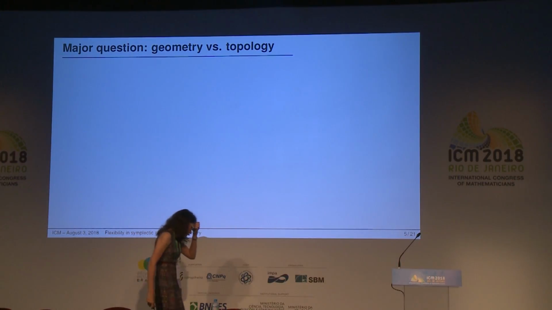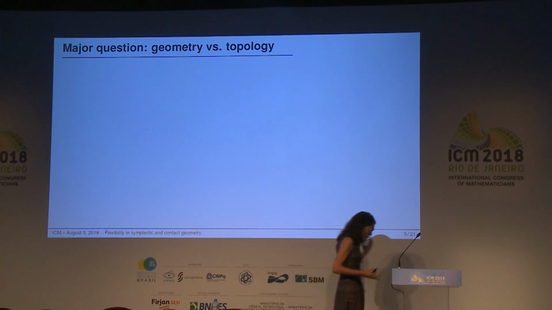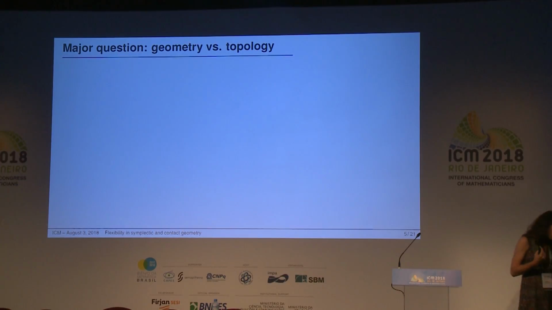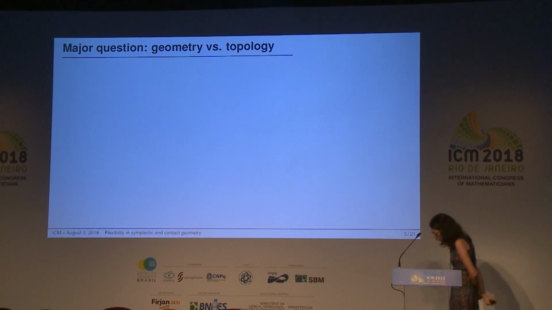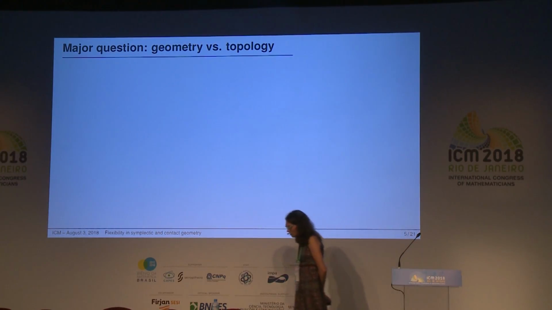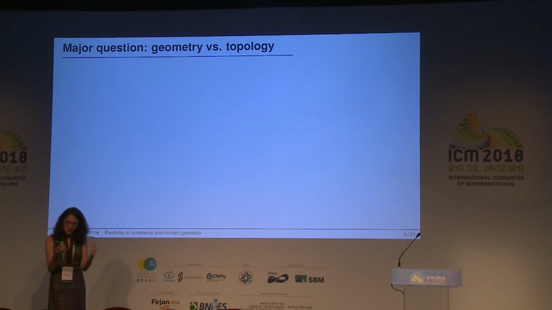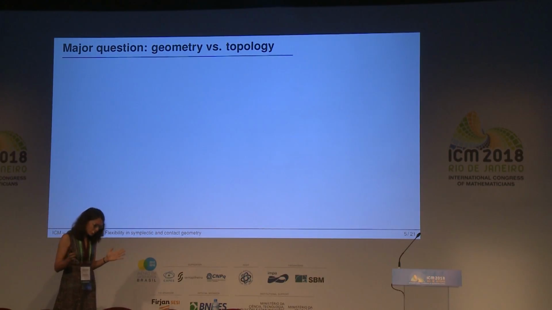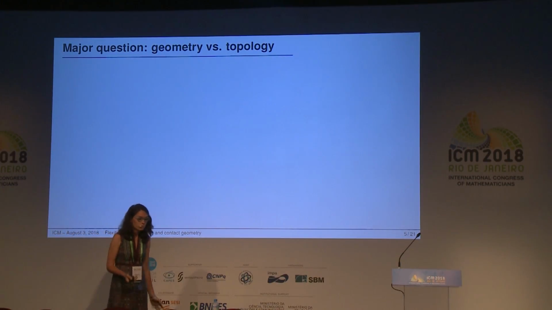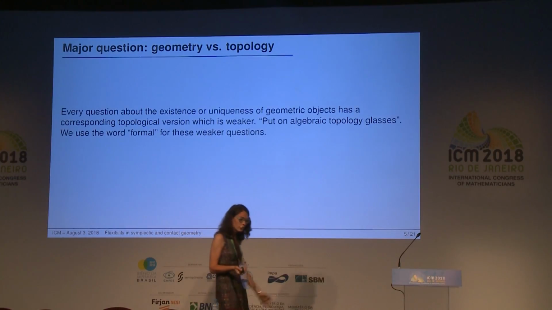Okay, so the main question I want to focus on now, which you can do in many other fields, but is particularly useful in contact and symplectic geometry, is to make precise the distinction between geometry and topology. What does this mean?